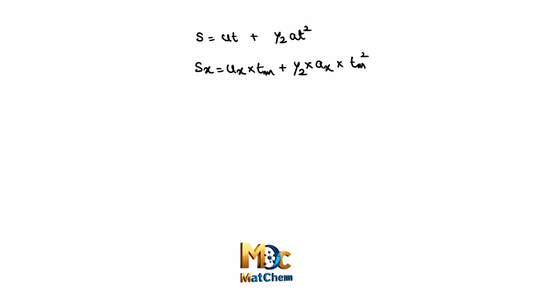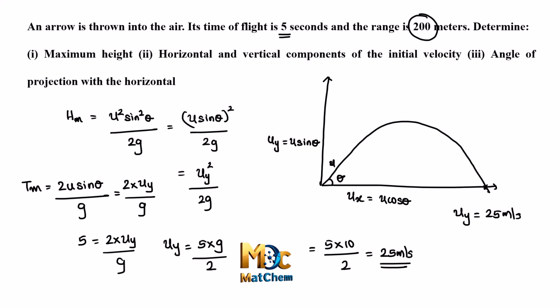So we can take ux into time of flight, 5 seconds, plus half into ax into 5 square. Here you need to understand one important aspect. When you're considering a projectile, the velocity component along the x-axis remains constant.